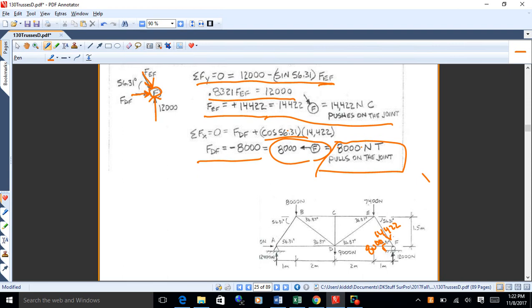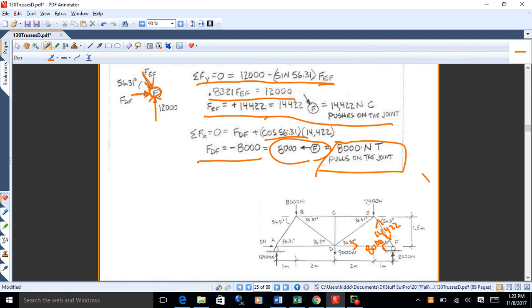So if EF is pushing on F, it's also pushing on E, okay? And if DF is pulling on F, it's also pulling on D. So you got to watch how those arrows go in, okay?